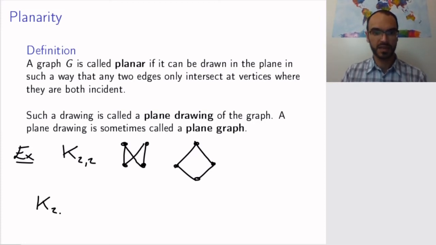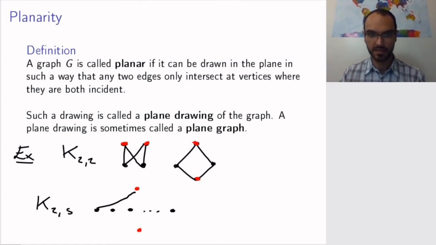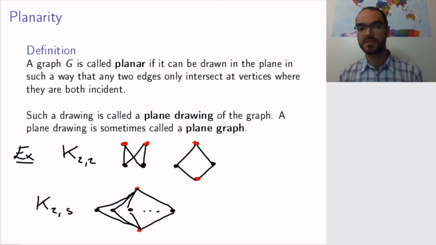But more generally, K2,s, you can draw, so this is the graph with 2 red and s black vertices. So for the example of K2,2, I moved my red vertices like that. And for K2,s, a more nifty way to draw it is like this. So you have your s black vertices on a line and the red vertices above and below, and then it looks like this. So these are planar graphs.